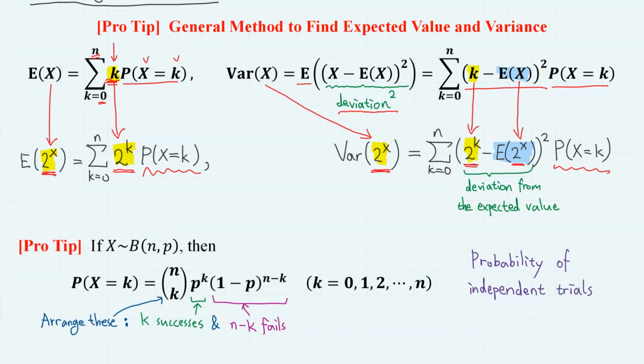In the binomial distribution, it is given as the probability of independent trials. Basically, it is the probability of having k successes and therefore n minus k failures when we do n independent trials, which is given as n choose k times p to the power of k times 1 minus p to the power of n minus k.